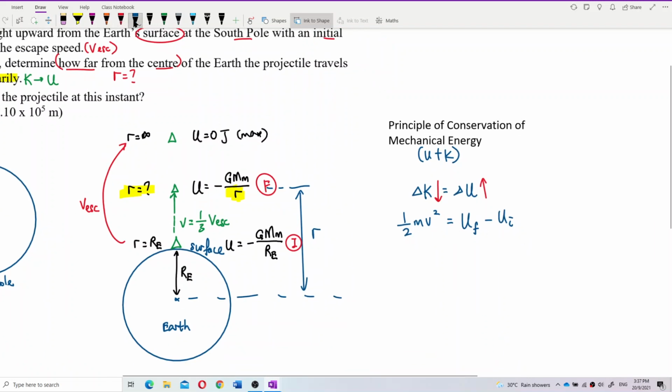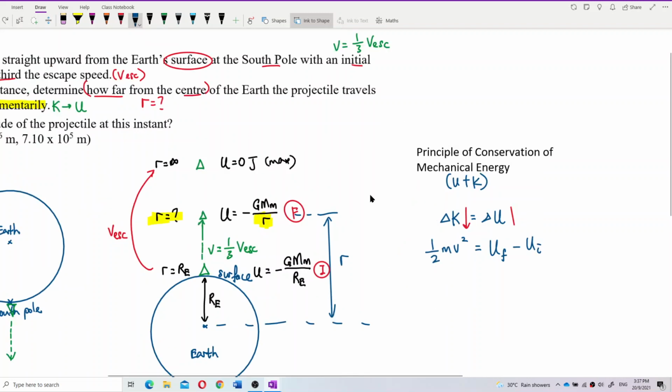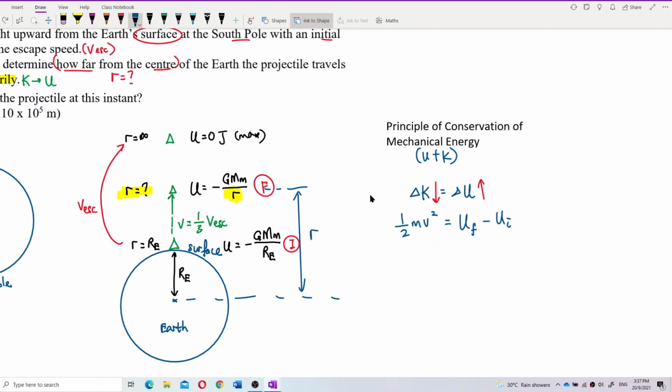So now let's continue. This is 1/2 mv squared, and then equal to the final potential energy. What's the final potential energy? It is negative GMm over r. We want to find the r there.